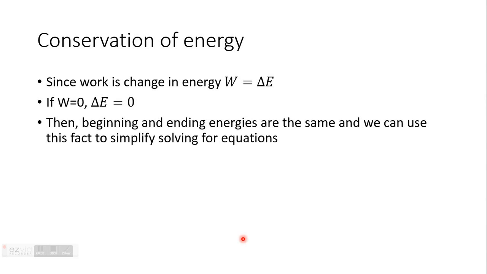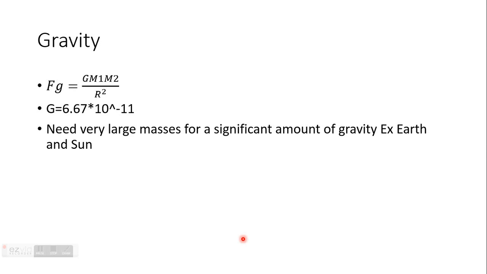So, gravity. The force of gravity is equal to the gravitational constant G, which is about 6.67 times 10 to the negative 11th, times the mass of the first object times the mass of the second object divided by the distance between the two objects squared. Because that gravitational constant G is so small, you need very large masses to have a significant amount of gravity.